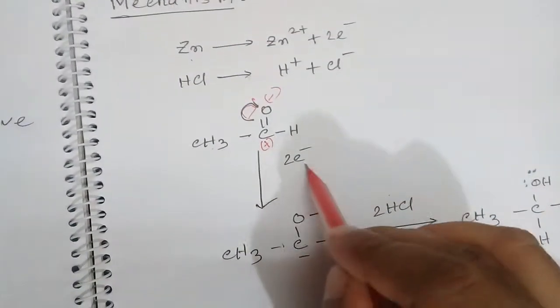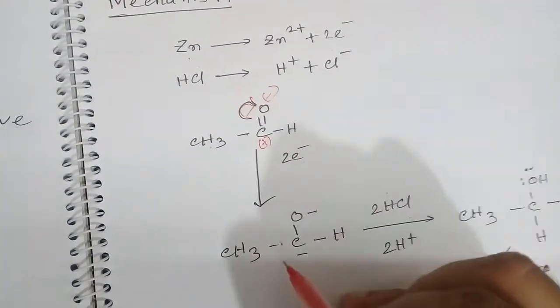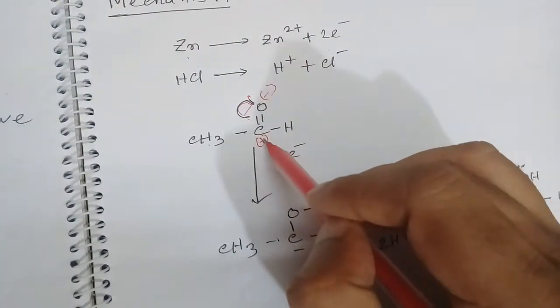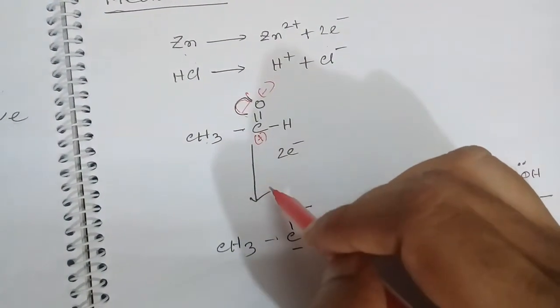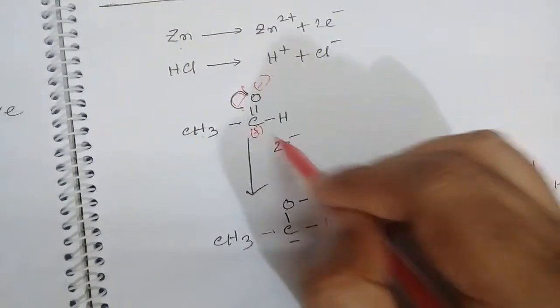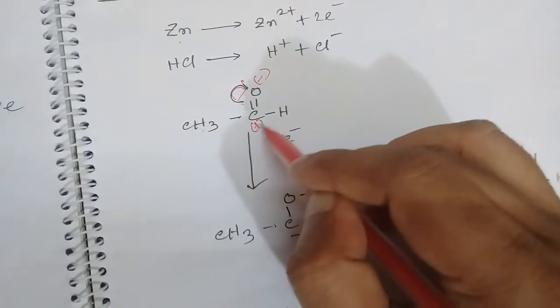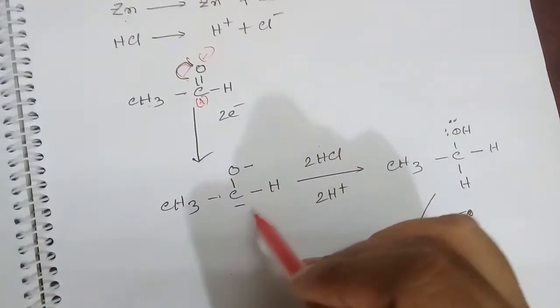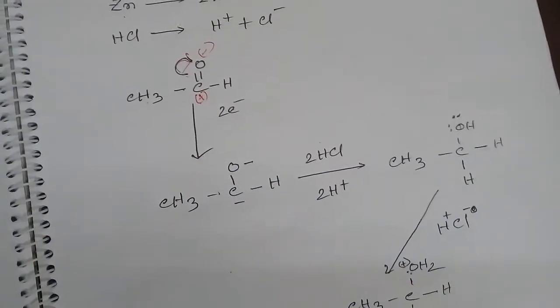And here we have two electrons, which are negative charge. So when oxygen is negative and carbon is positive, then this electron will attack this carbon. One electron will reduce this positive charge and one electron will create one negative charge here. That's why we will get this negative charge and here also will be a negative charge.